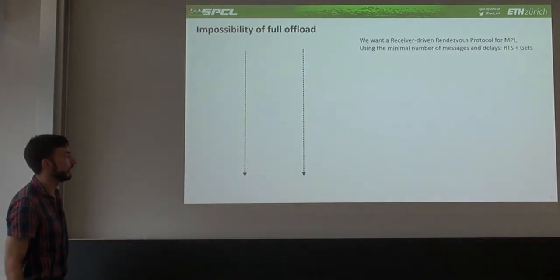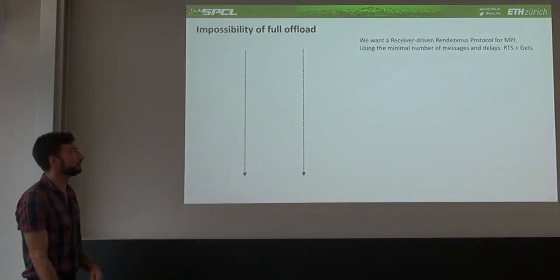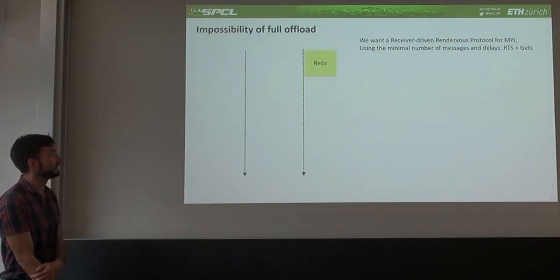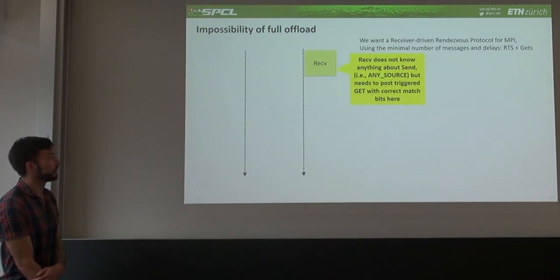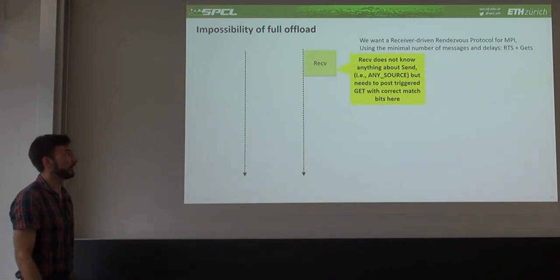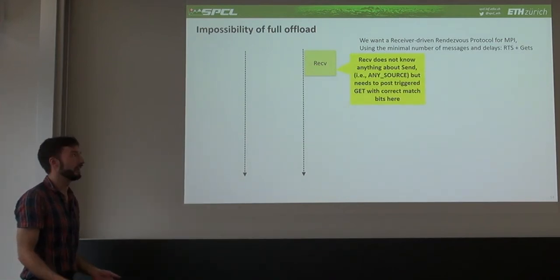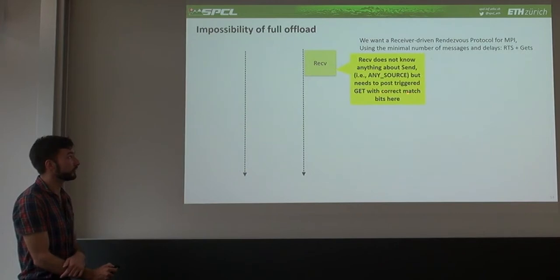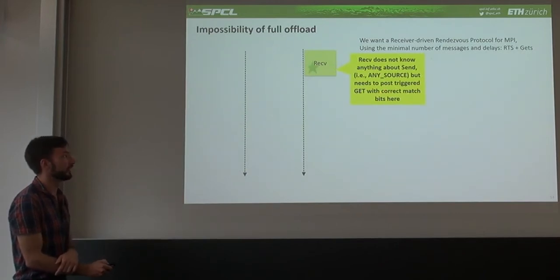And actually it is impossible to do full offload for the simple reason that when the receive is first, the receive doesn't know anything about the source in case of MPI any source and nothing about the tag in case of MPI any tag. But still, we would need to post triggered gets with the correct match bits here in the full offload case.